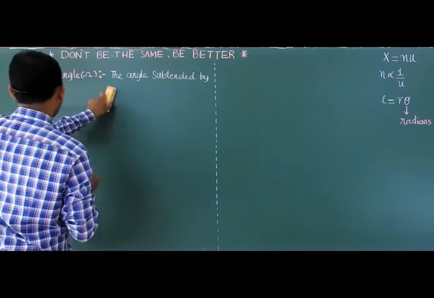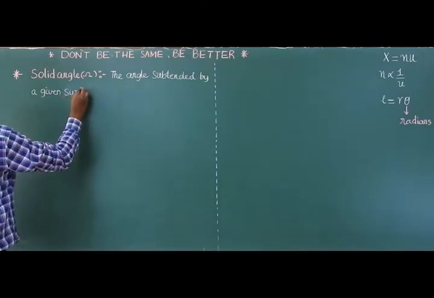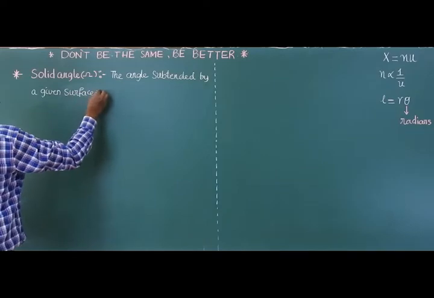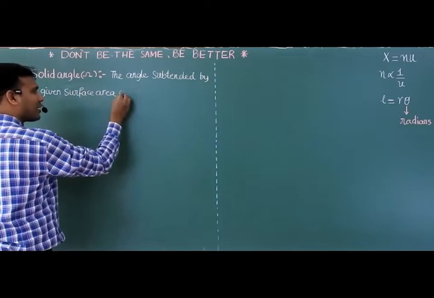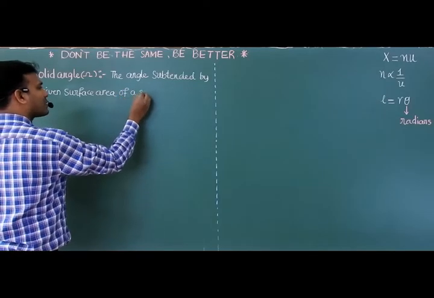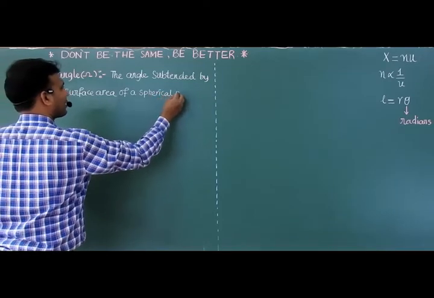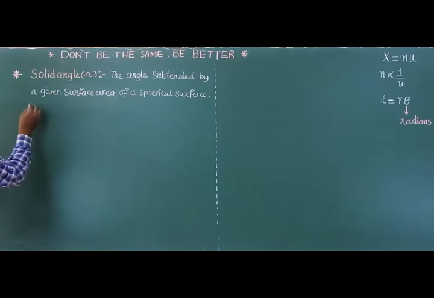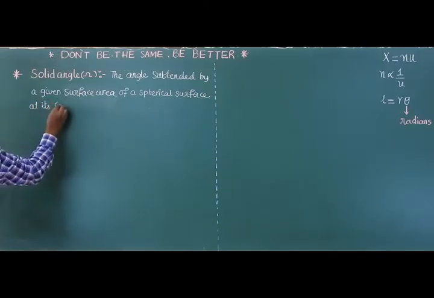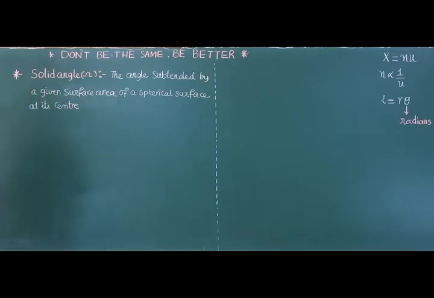You better write it: a given surface area of a spherical surface at its center is known as solid angle.